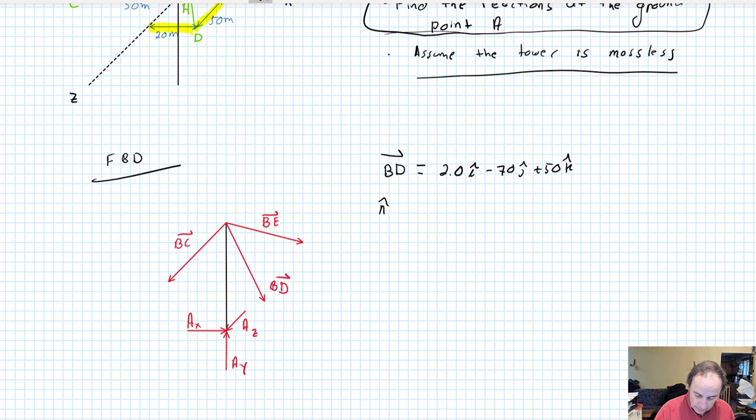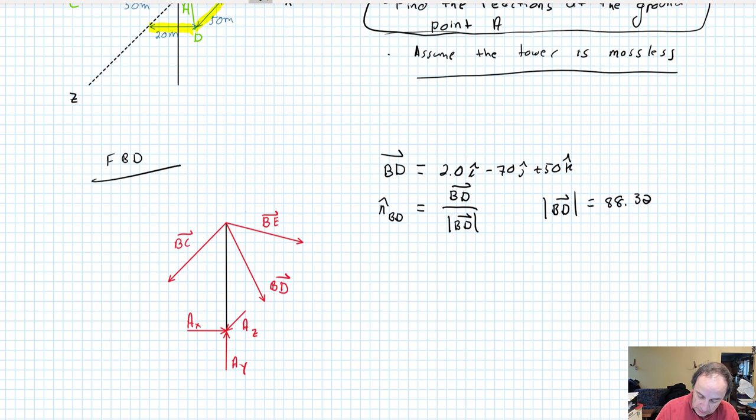The unit vector for BD is that vector over the magnitude of BD, and I'll just give it to you: 88.32.